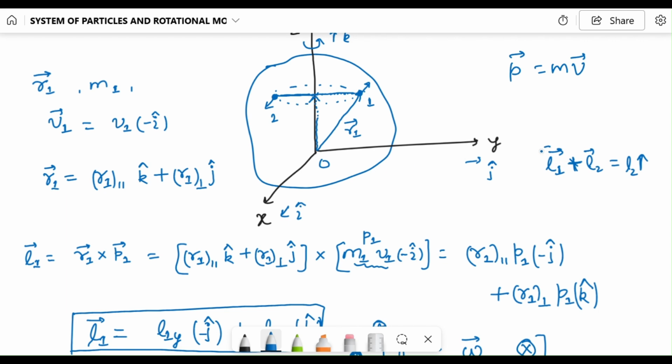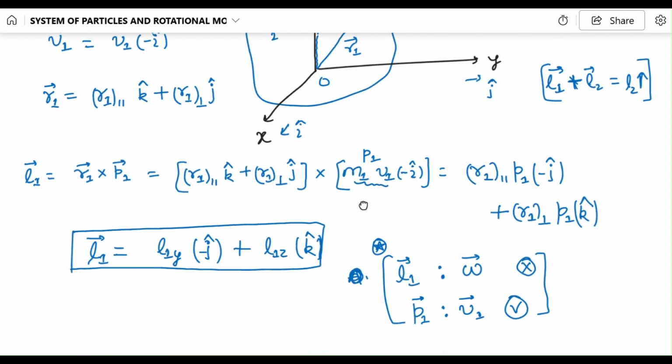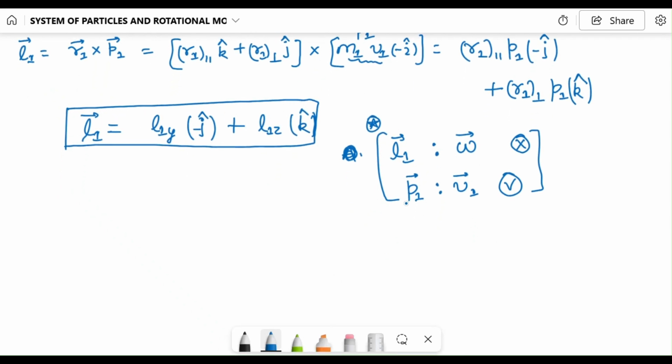So this is what happens in the case of a body, a system, which is symmetric about the axis of rotation. This is a second point to be noted. In case the rigid body is symmetric about the axis of rotation, it will have only a z component as its angular momentum, and the perpendicular components will cancel out each other.